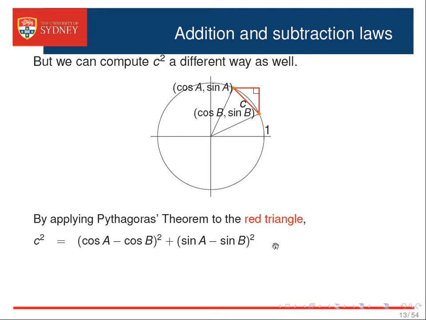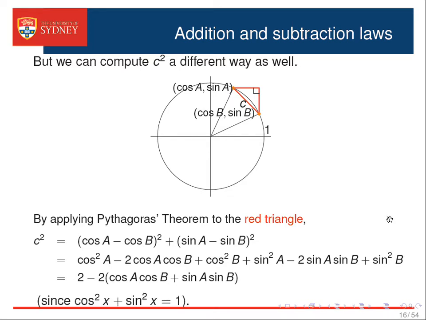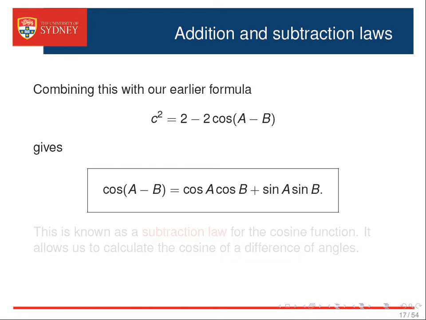If we expand these squares out now, and use our familiar cos squared plus sin squared equals 1 formula to turn these terms into a 2, before we had c squared equals 2 minus 2 cos(A minus B), and we just saw that c squared equals 2 minus 2 times (cos A cos B plus sin A sin B).